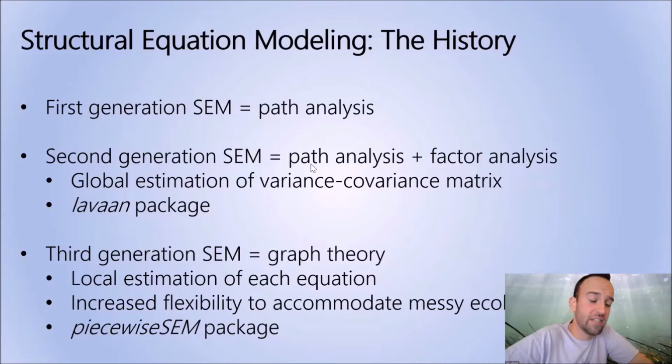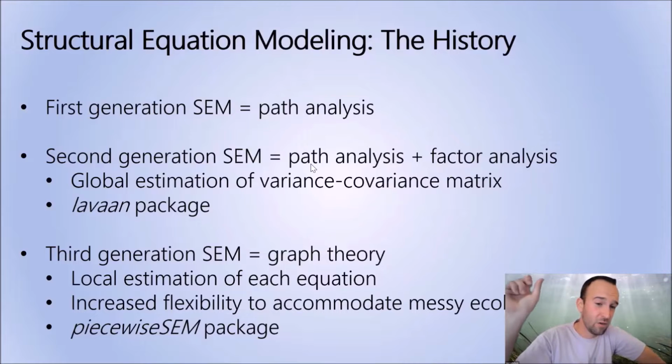And for those who have done this before, who have heard of SEM, they may have heard about it as implemented in the lavaan package, which stands for latent variable analysis, hence the implication of factor analysis and path analysis, again, constraining towards this single global variance covariance matrix and its estimation.